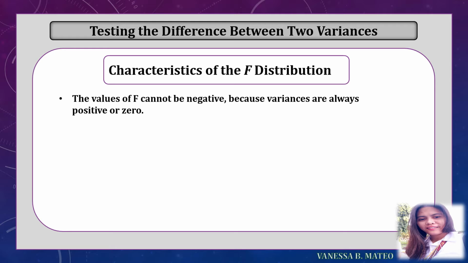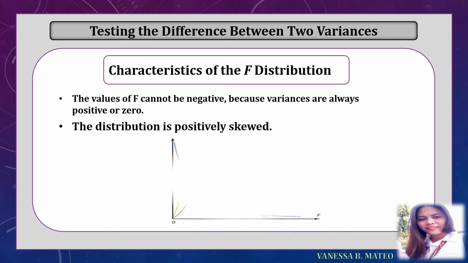The next characteristic of the F distribution is that the distribution is positively skewed. Now, this figure shows the F family of curves. As you can see, the curves are positively skewed, and the tails are on the right.